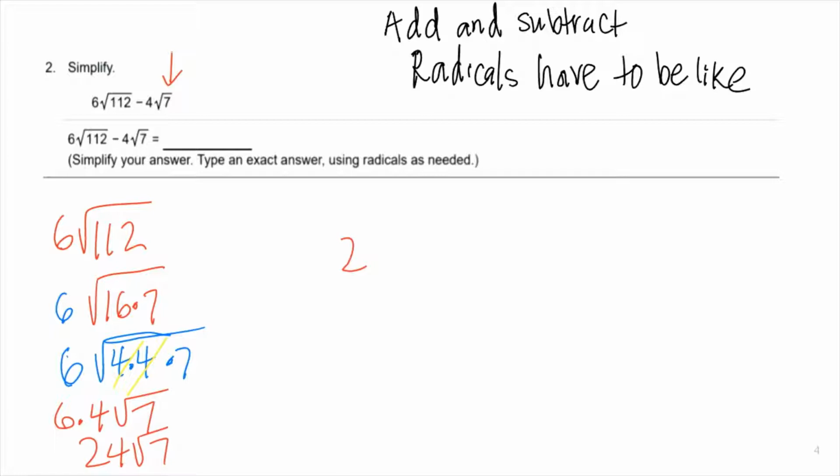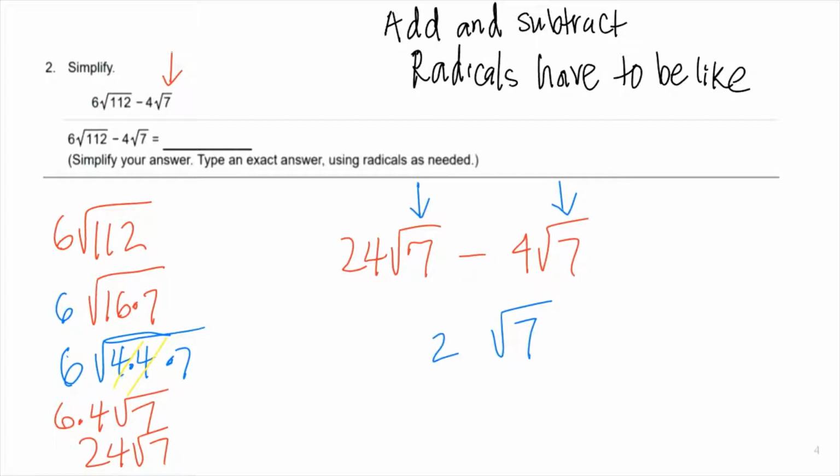So the first radical is simplified, and then mine is 4, radical 7. Now the radicals are like, we keep the like radicals. The radical 7, and the numbers that are in front, I just add and subtract them. So I have a positive 24 and a negative 4. That is 20. 20 radical 7 is my answer.